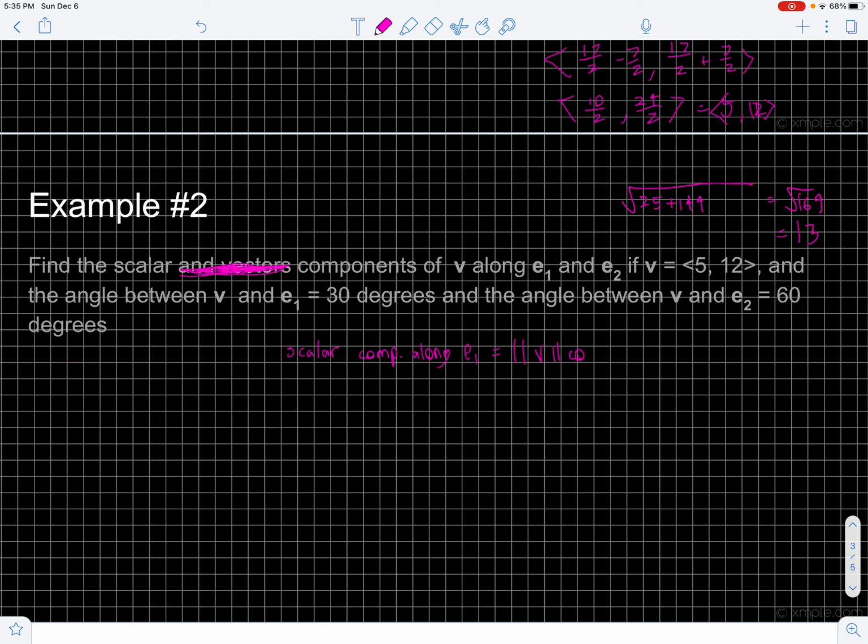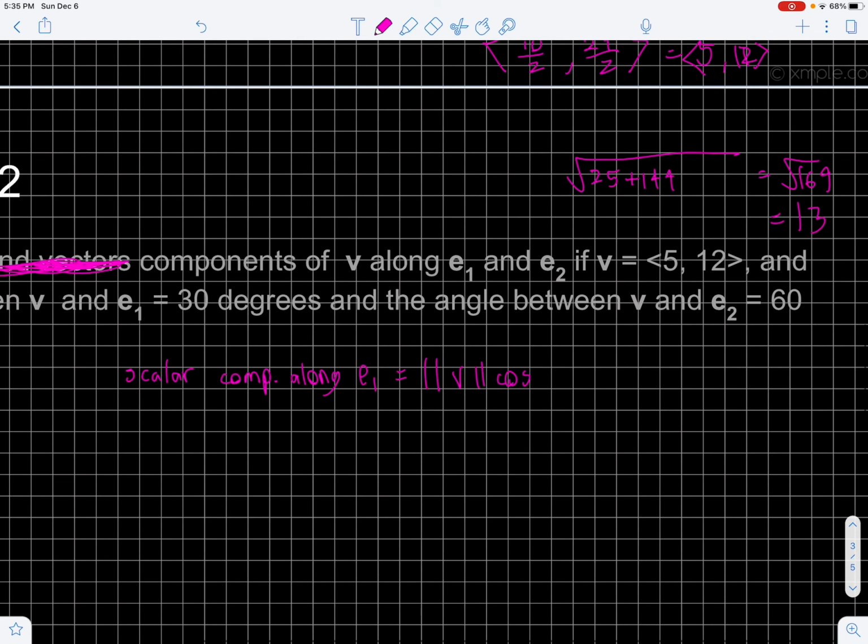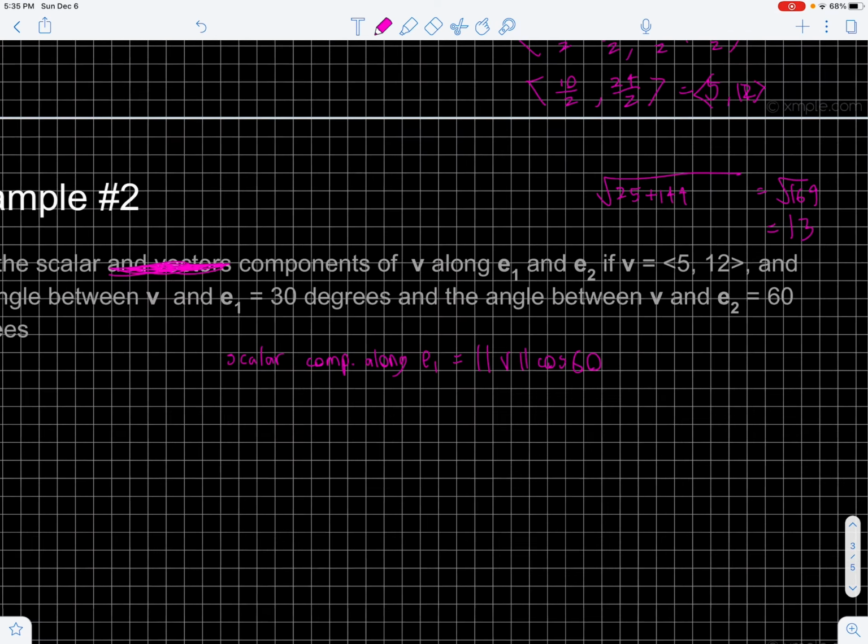Norm of v times the cosine of 30, which is 13 times the square root of 3 over 2, which is 13 square roots of 3 all over 2.